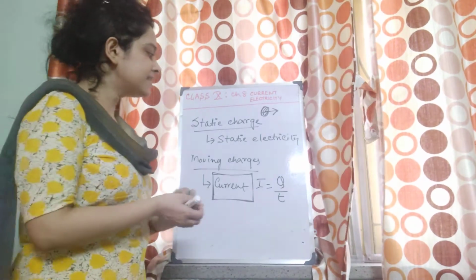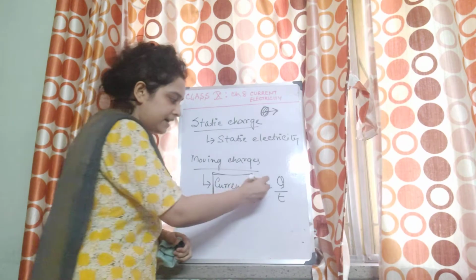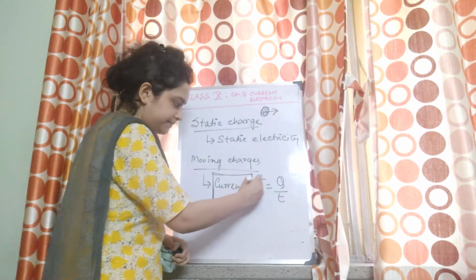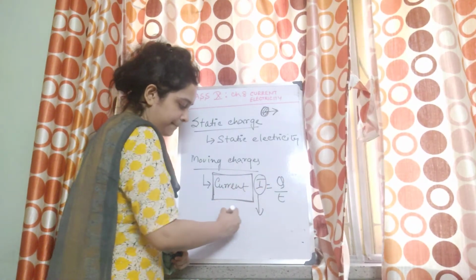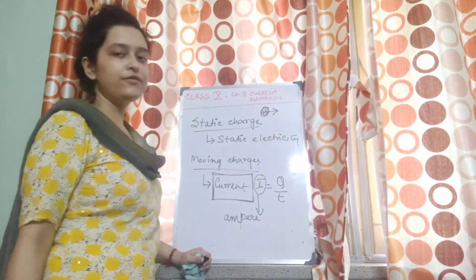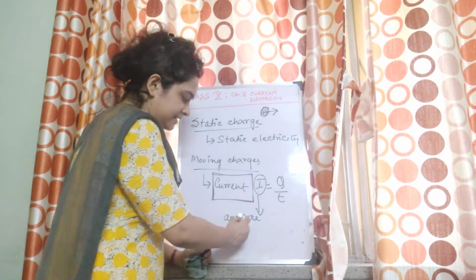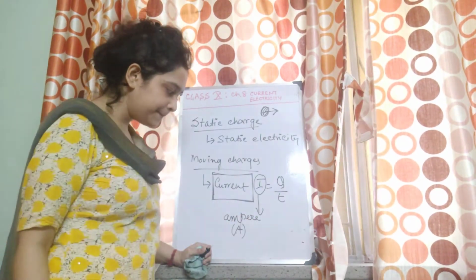Okay. So what is the SI unit of current then? Ampere. SI unit of current is ampere. It's named after the famous French physicist. So that's why its symbol is capital A.